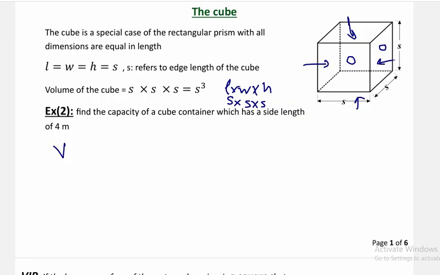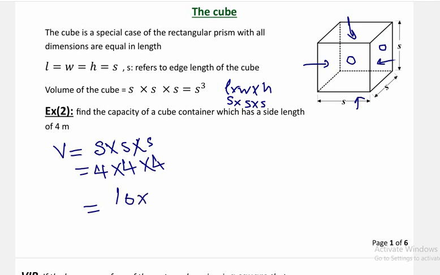Volume of the cube will be S times S times S. Why S? Because the length equals the width equals the height. Each of them is 4. 4 times 4 times 4 equals. If you do the calculation, 4 times 4 is 16, 16 times 4 is 64.